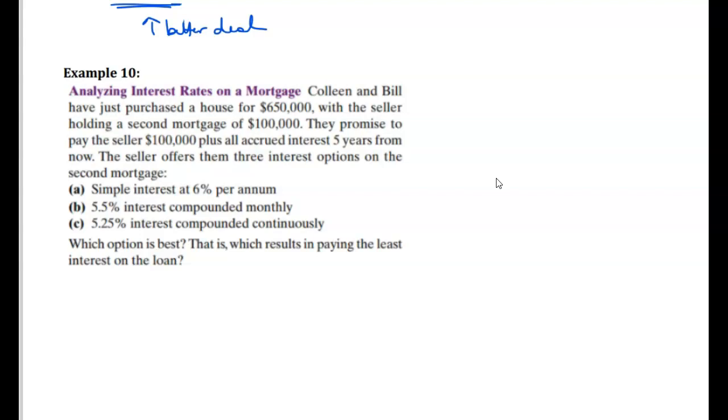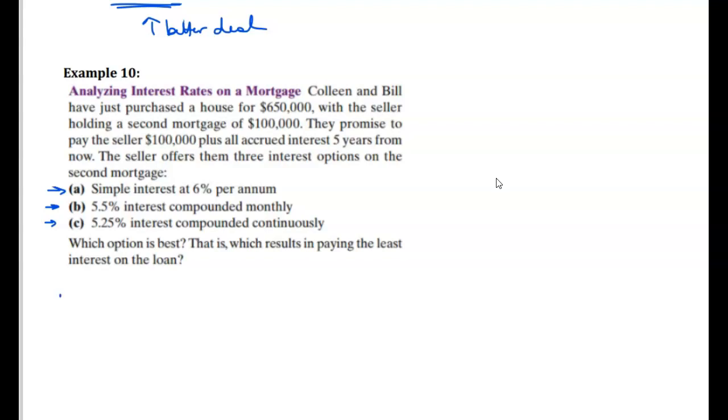If the seller offers them 3 interest options on the second mortgage: simple interest at 6% per year, 5.5% interest compounded monthly, or 5.25% interest compounded continuously, which option is best? That is, which results in paying the least interest on the loan.